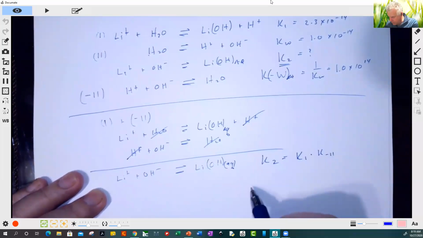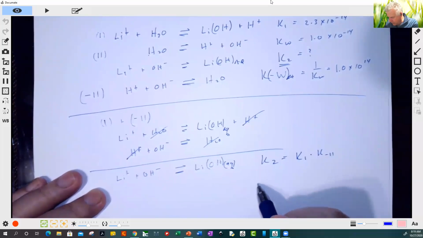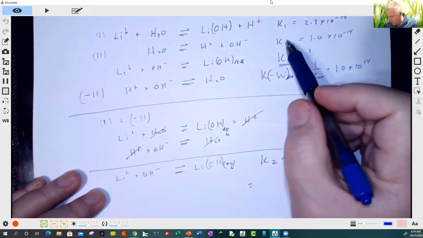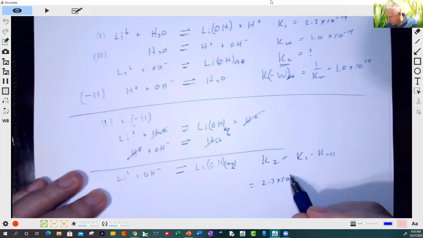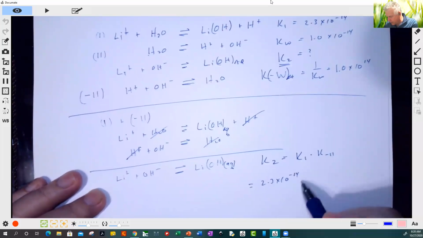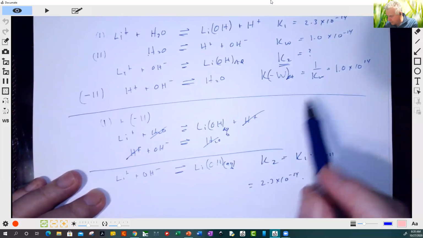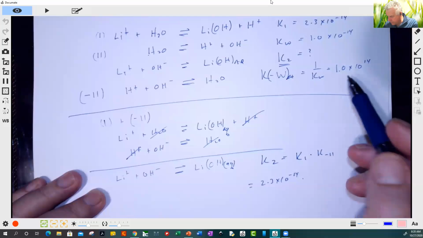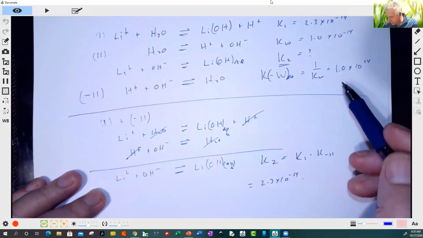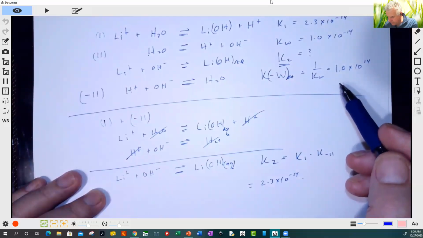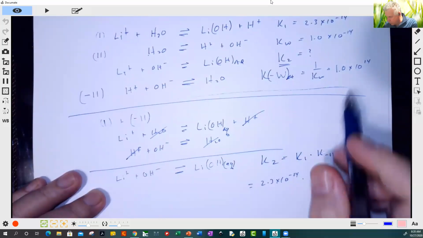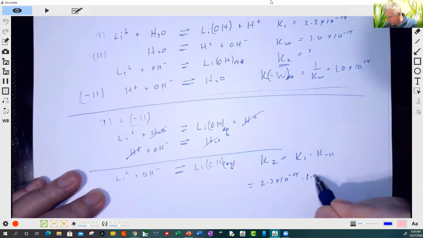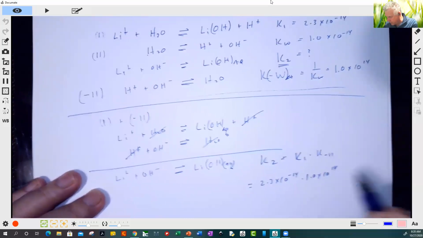K1 is 2.3 times 10 to the minus 14, and K minus 2 is 1.0 times 10 to the plus 14.